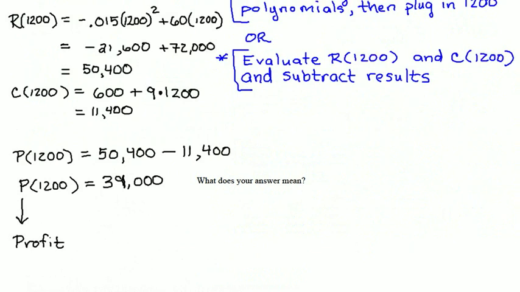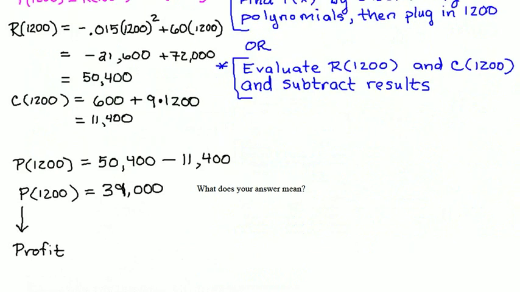So 1200 should be a number of graphing calculators. We now have profit from 1200 calculators.